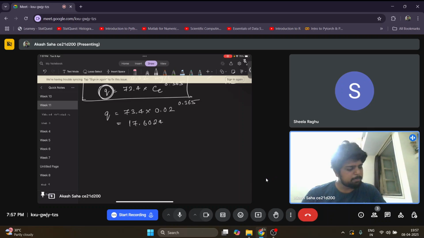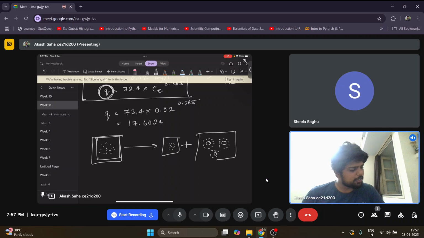Initially some pollutant was there in the system. After that, some lesser pollutant is there in the system, plus whatever pollutant is adsorbed over the activated carbon. If we compare the initial quantity of pollutant with the final quantity, the mass balance can be done.